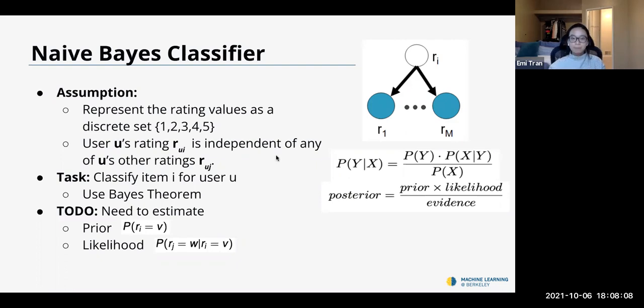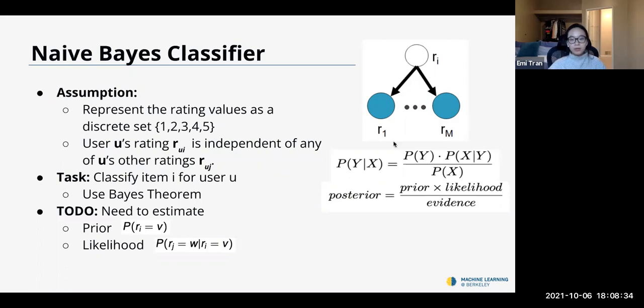That's the main idea. Now, after you have those two assumptions, you're tasked to find the rating R sub UI, meaning the rating that a certain user gave to an item I. So how are you doing that with Bayes theorem?